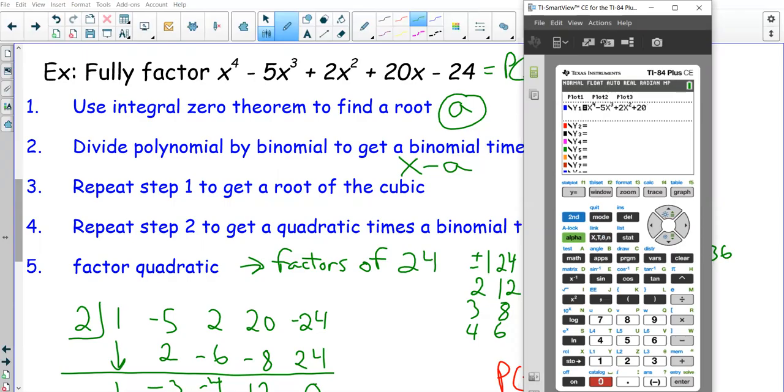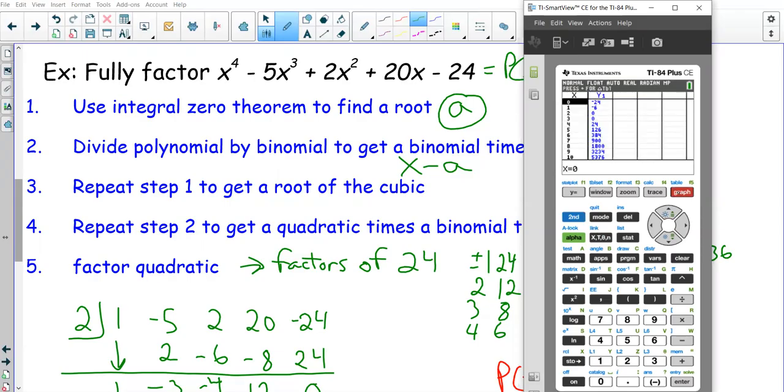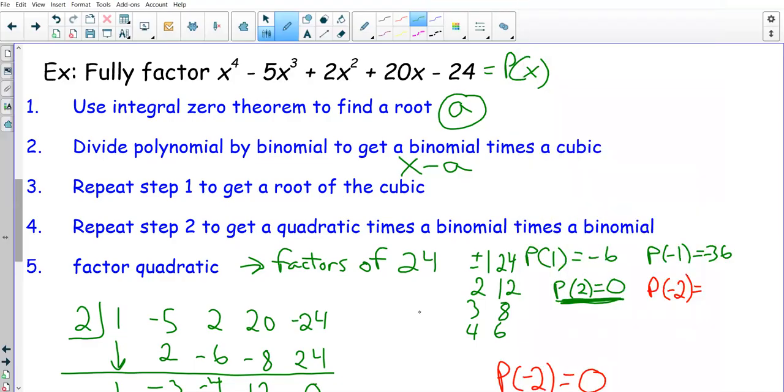So 20x minus 24. And what I'm going to actually look at is, instead of looking at the graph, I want to actually look at the data table. And I'm just going to look for integral values. Now, maybe I come back to my page and I look at the factors of whatever that constant were, so I know which values I have to look at.